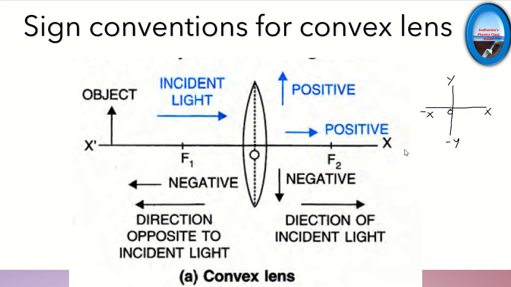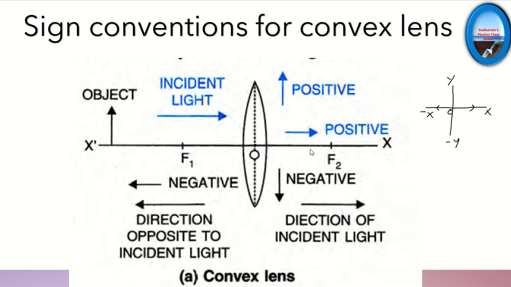How do we understand that? There is no confusion. We know that from the origin of the Cartesian coordinate system, towards the right is positive and towards the left is negative. Similarly, when we keep an object above the principal axis, we measure the distance from the principal axis in the positive y direction. So the distance measured above the principal axis has to be taken as positive.